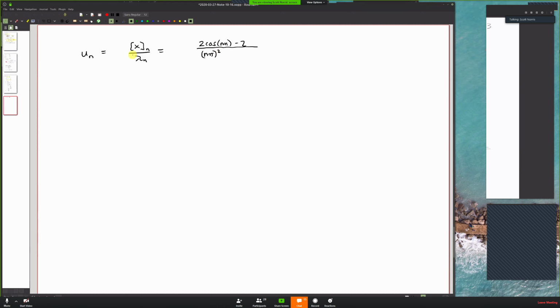And what was lambda n again? 4 plus n pi quantity squared. U naught is going to be x sub 0 over lambda 0, which is 1/2 divided by 4. Okay, and there we go.